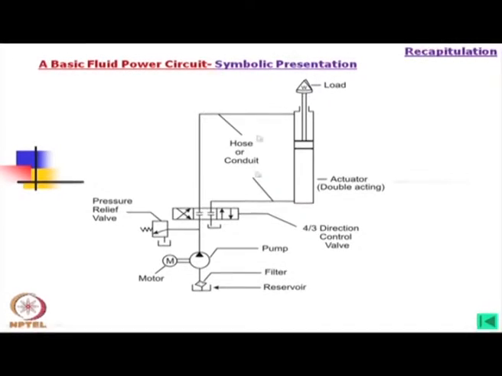In fluid power, due to the advantage of using pipes and hose, if you use flexible hose, you can place it in any direction, whereas your power source is in one place and the valve is in another place. But anyway, to design such a system, first of all you have to draw a circuit like an electrical system.